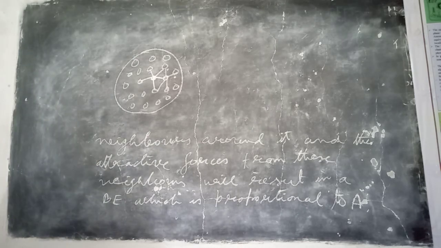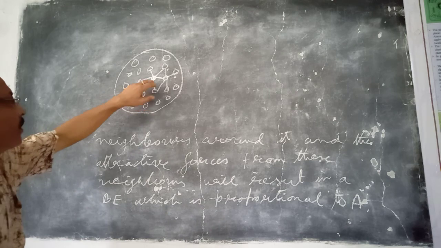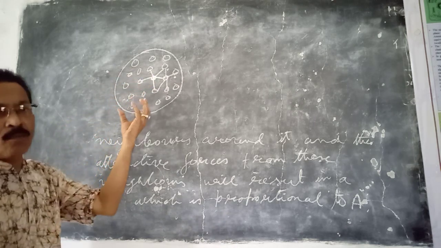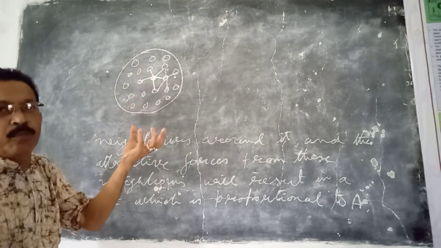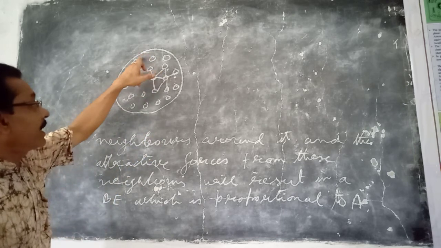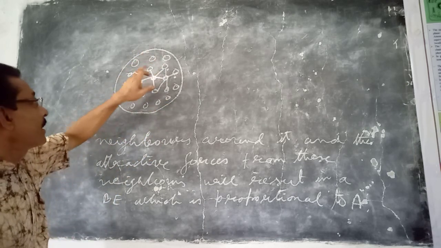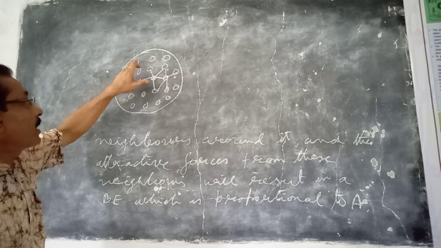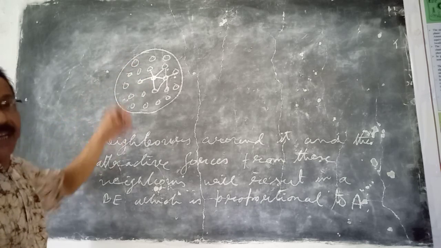In this way, each nucleon will face roughly the same amount of attractive force, except at the boundaries, which we shall discuss, because the nucleons at the boundary are attracted on one side only.